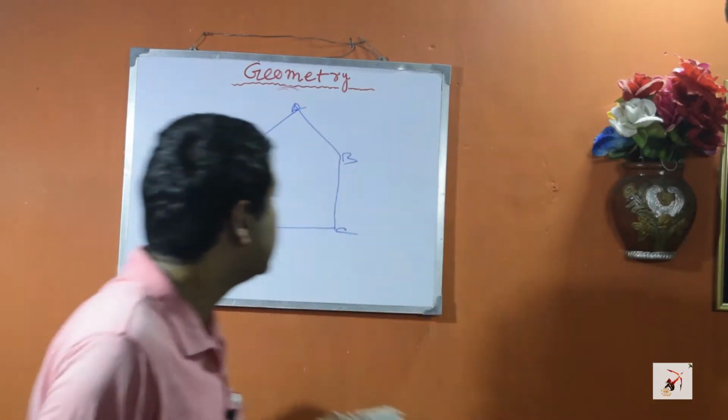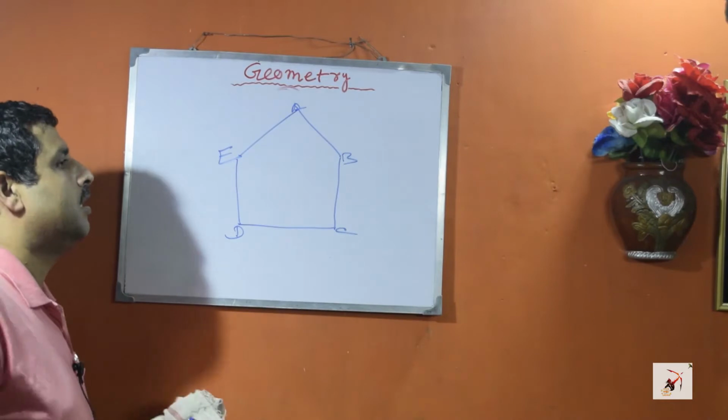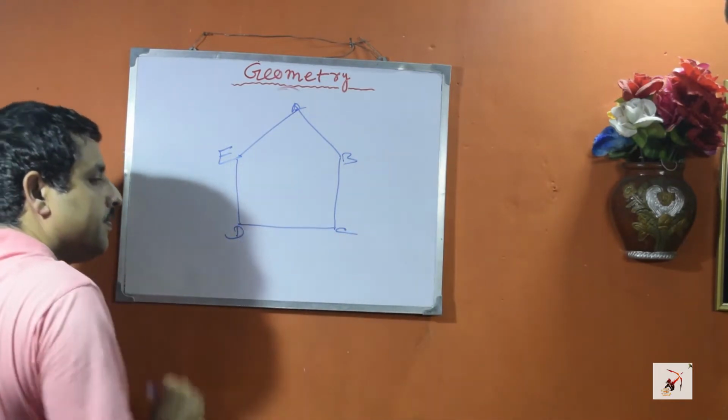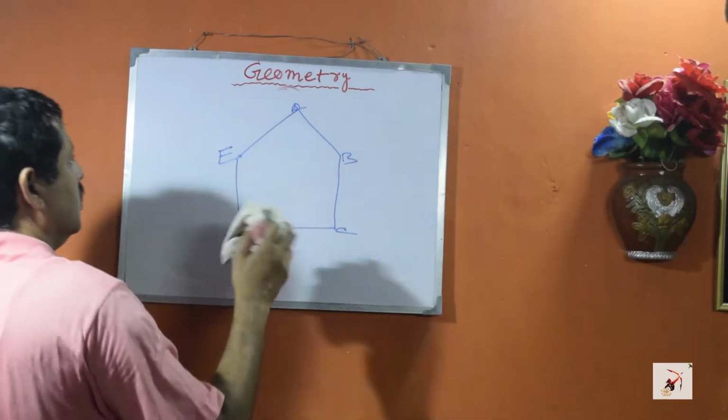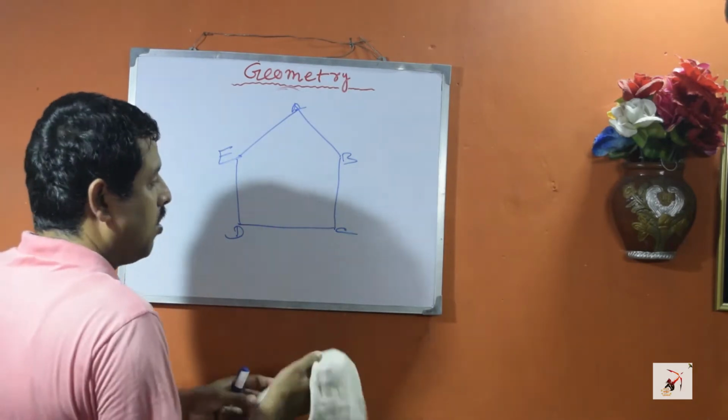So when there are 5 line segments connected to each other, there is a polygon known as a pentagon.